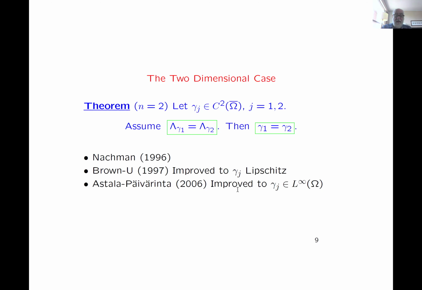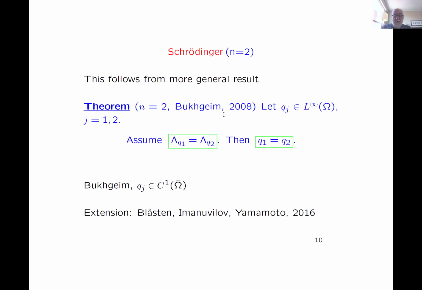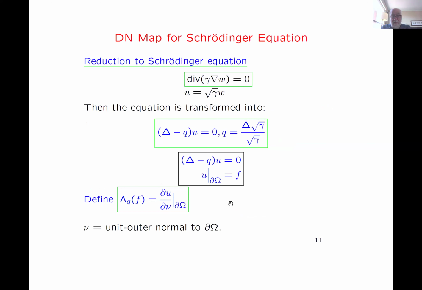The case of C2 conductivities follows by a result of Bukhgeim, who proved that for a general potential, one can also define the Dirichlet-Neumann map, then the potentials are the same. The proof of Bukhgeim works for C1 conductivities. In principle, he claimed it for L infinity, but the proof only gives C1, and this was improved by Blasten, Imanuvilov, and Yamamoto for L infinity conductivities.